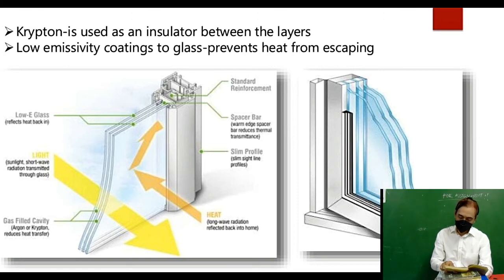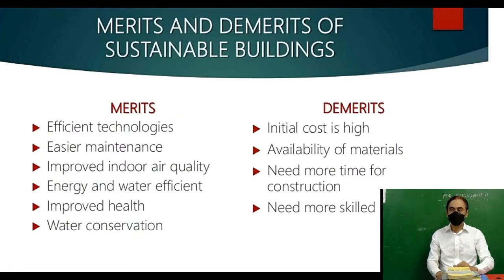So this is a 3-layer glass window that prevents heat from going out of the building during winter. But if you're living in a tropical country, you use the opposite of that design.